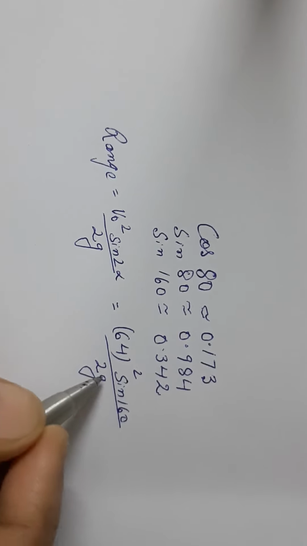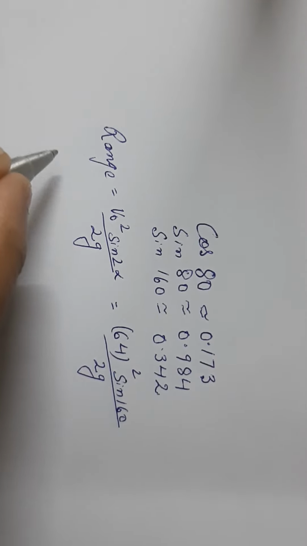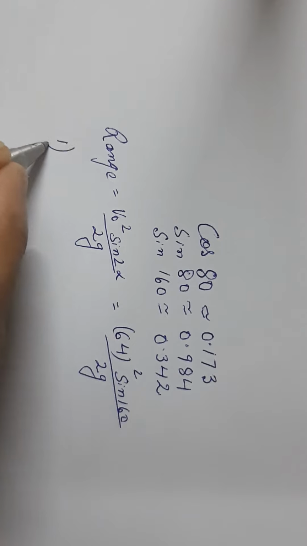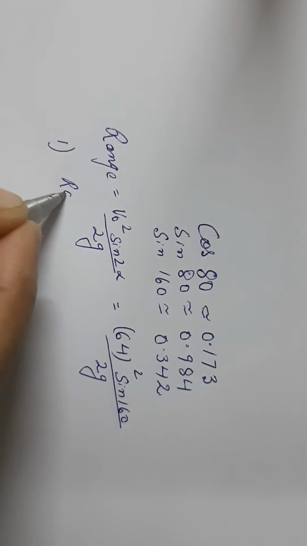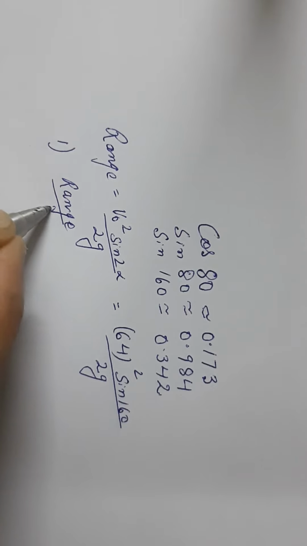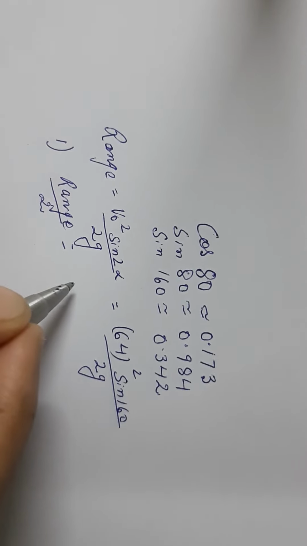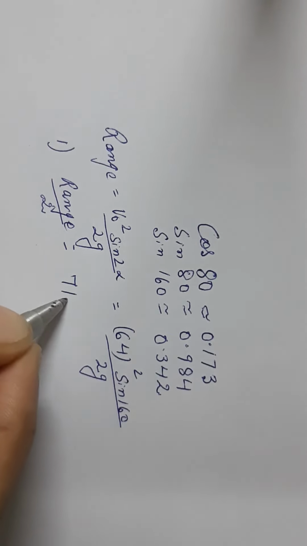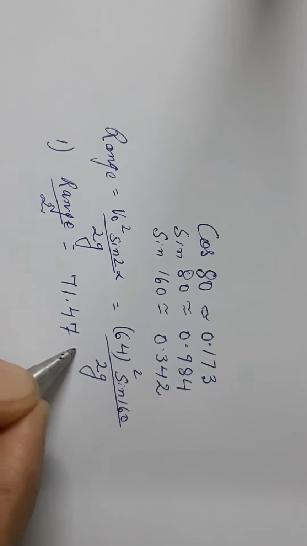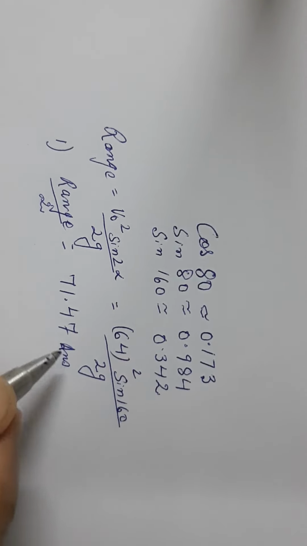We need to divide it by 2 to get the answer to the first part. So the answer to the first part, range divided by 2, when we place the values, is 71.47. This will be the answer for the first ask by the author.